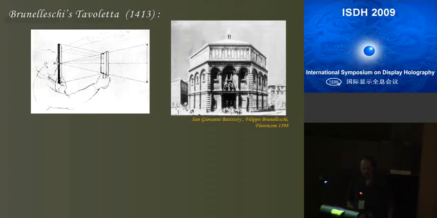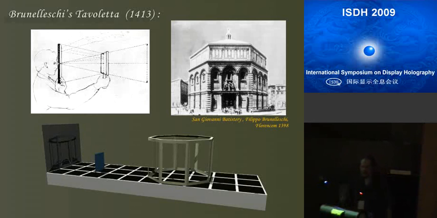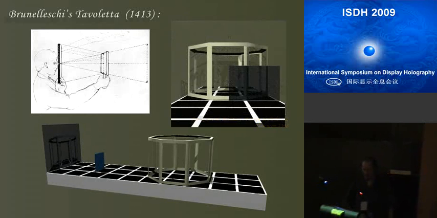So what I did, since I'm an experimentalist, I went in my workshop and decided to make a tabletop version of the tavoletta. I didn't have money to go to Florence. So I made just a little model, a table with a grid. I made a drawing of this octagonal model, and I used a mirror to align.